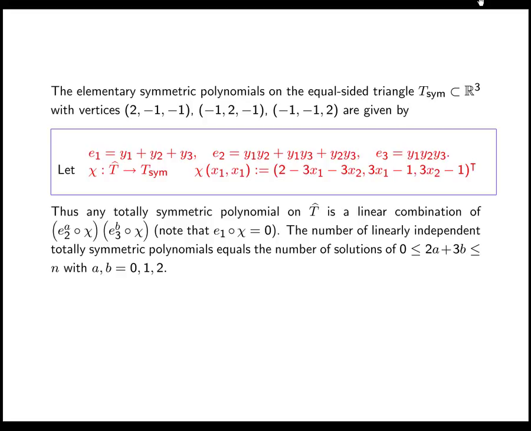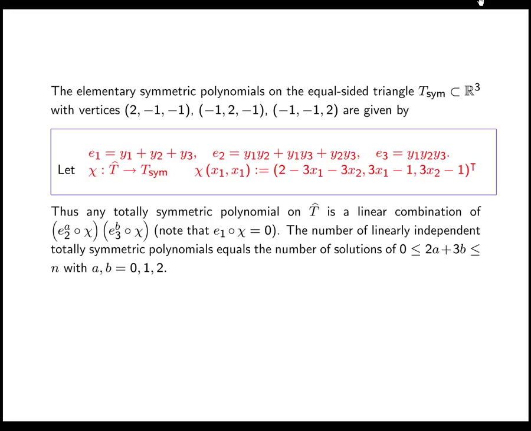Okay, this is a general triangle in 3D, and it's quite intuitive that these symmetric functions look like that. Now one has to map that onto this reference triangle. With this mapping, one can check that E1 mapped to this triangle is the zero function. So only the power of 0 gives an interesting function, namely a factor 1. And therefore, only the back-transformed functions of type E2 and E3 appear. And you can raise those to powers a and b.